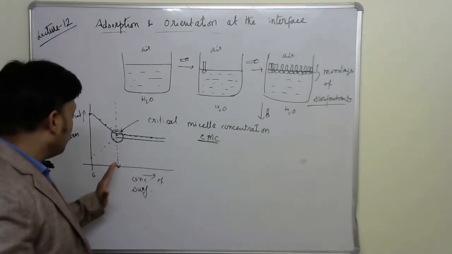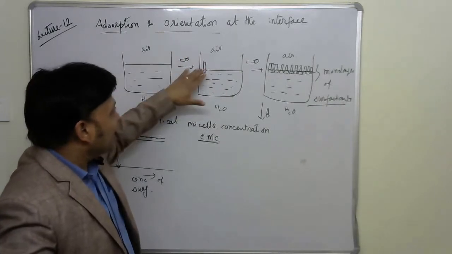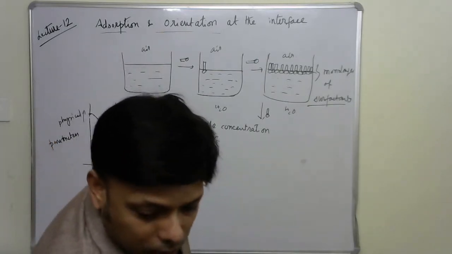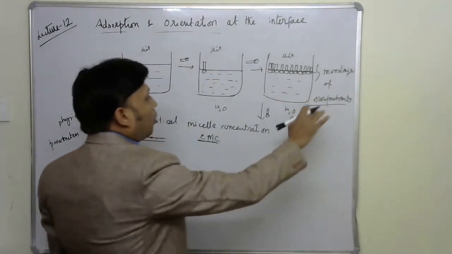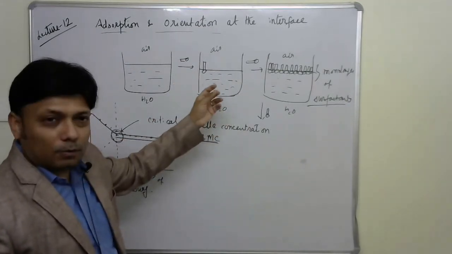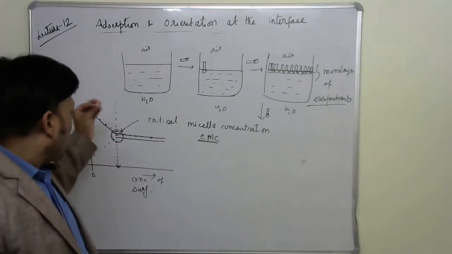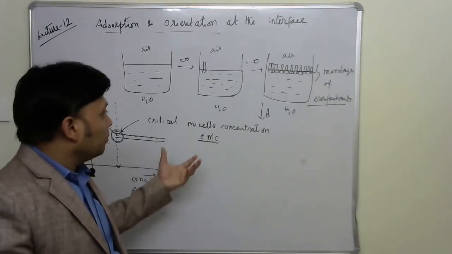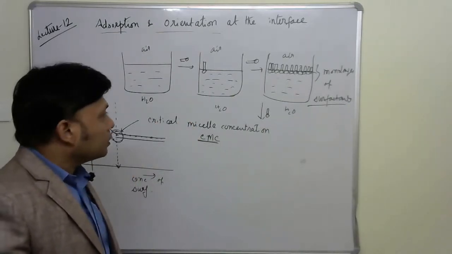Before we reach CMC, the surfactant molecules would start to accumulate or get adsorbed at the interface or at the surface. It would go on till there is no more space, that means till the monolayer is complete. Once it is complete, if we add more surfactant molecules, nothing will change; the conductance, the surface tension, or the osmotic pressure, etc., would not change anymore linearly with the concentration of surfactants.